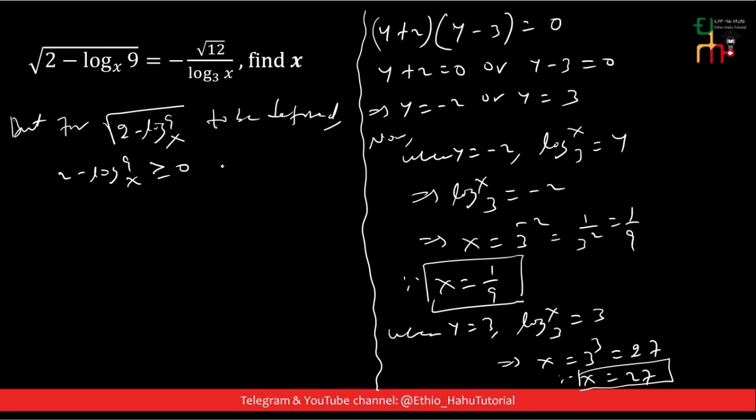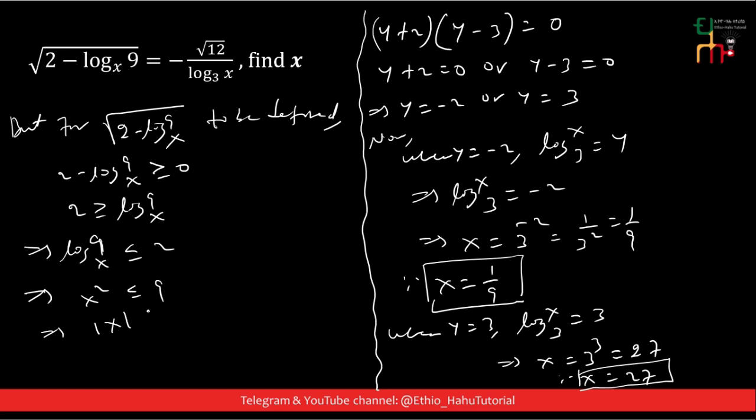Taking this to the right, 2 is greater than or equal to logarithm of 9 to the base x. This implies logarithm of 9 to the base x is less than or equal to 2, and this implies x squared is less than or equal to 9. And this implies the absolute value of x is less than or equal to 3.